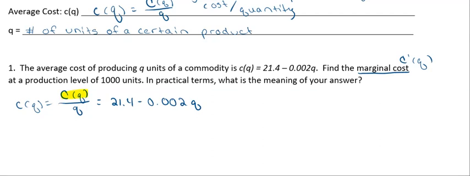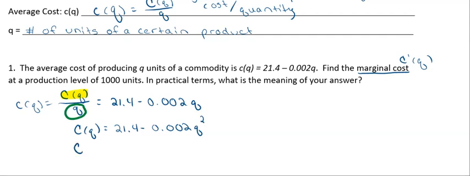So we need big C of Q. To get just big C of Q, we need to multiply both sides by this Q so we can get it out of the denominator. If we multiply both sides by Q, it looks like 21.4 Q minus 0.002 Q squared. So we have big C of Q, the cost function.